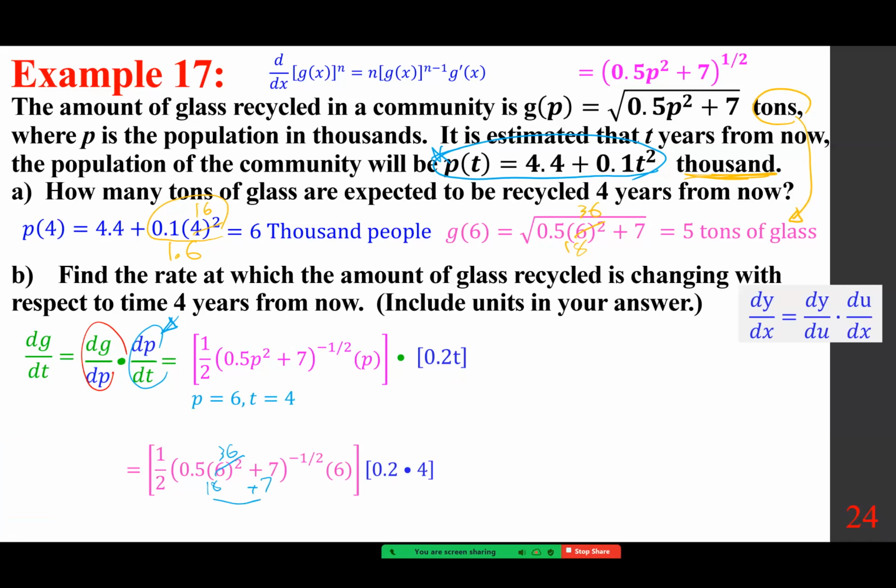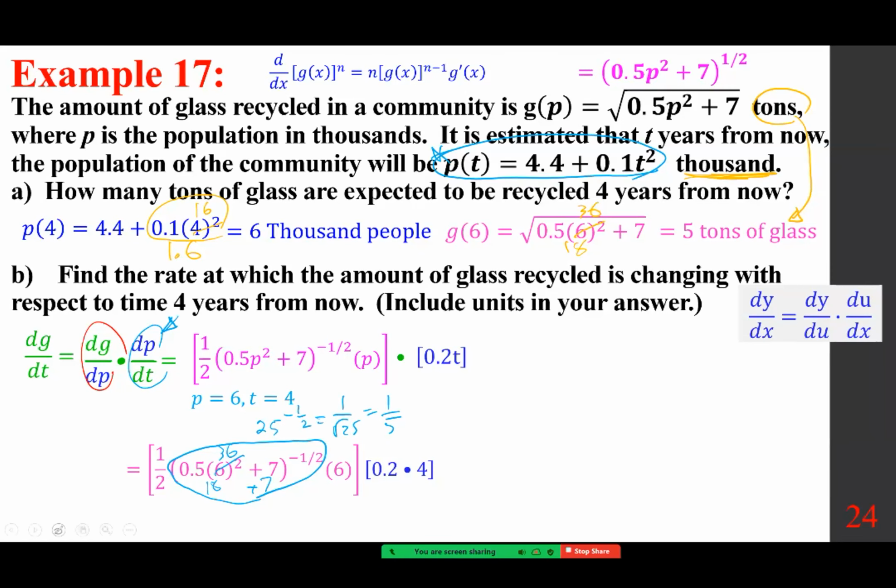So what we are looking at here is 25 to the power of negative 1/2, or 1 over square root of 25, or 1/5.